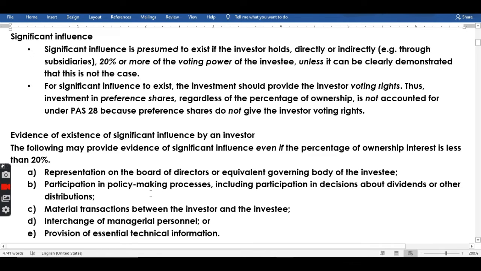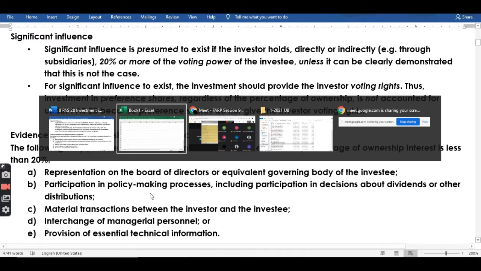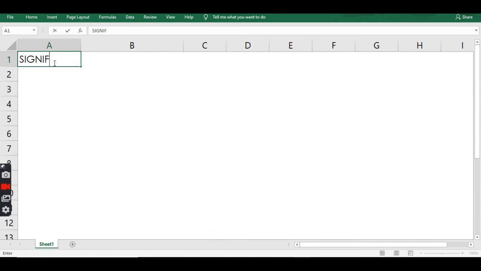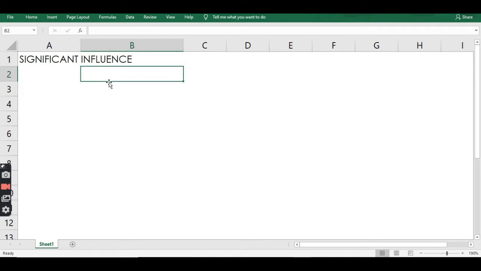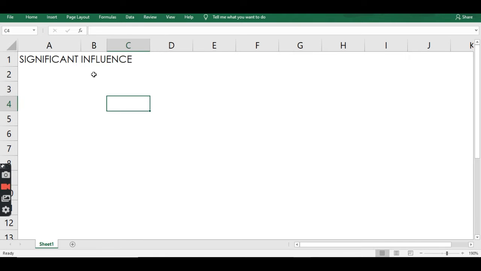So, to sum up na lang, dun sa ating concept ng significant influence. When you talk about significant influence, meron tayong keywords dyan. At ang keywords na ginagamit ko ay yung PERMIT, P-E-R-M-I-T. Okay, para hindi mo kakalimutan. So ano yung P?